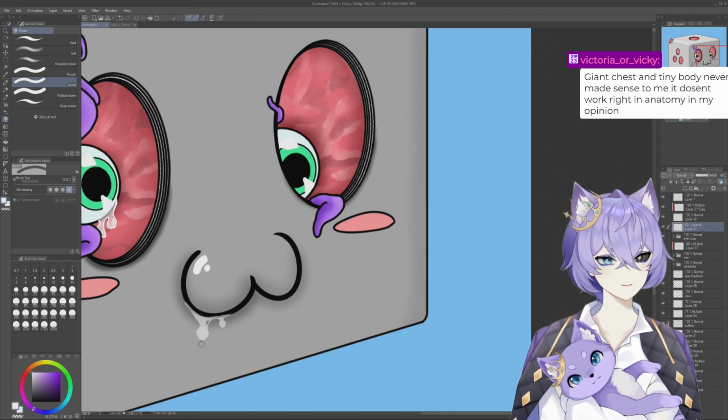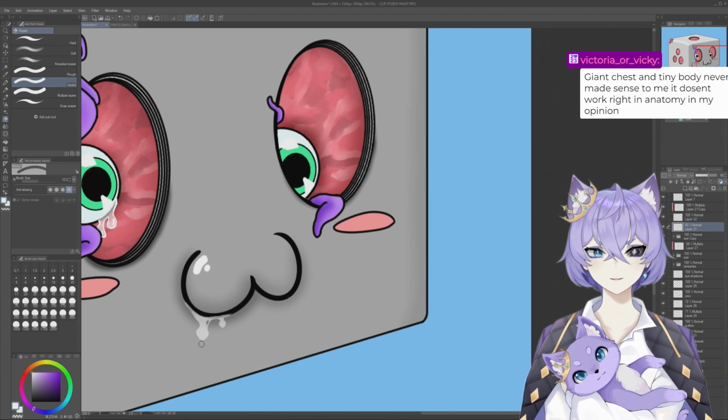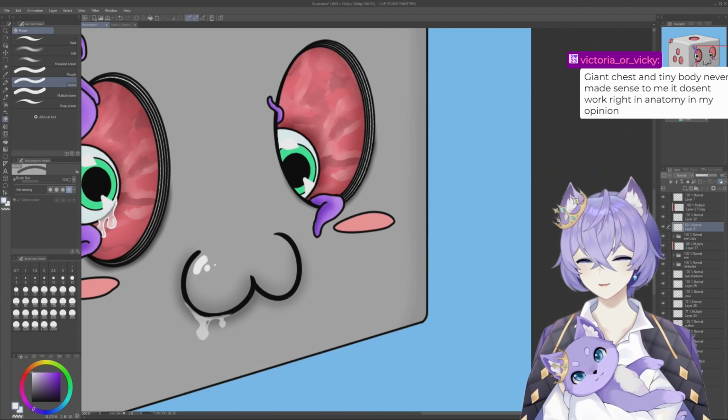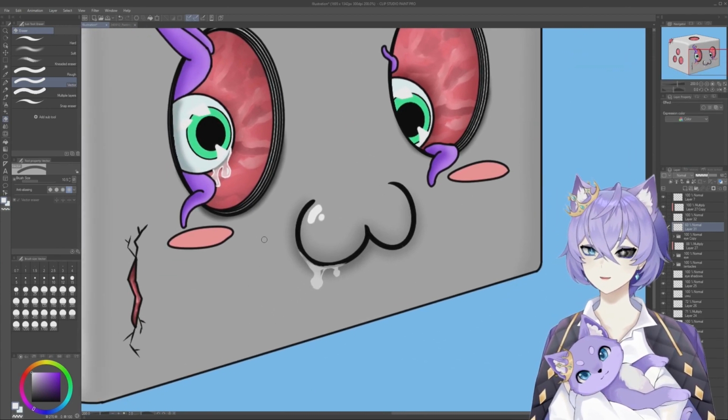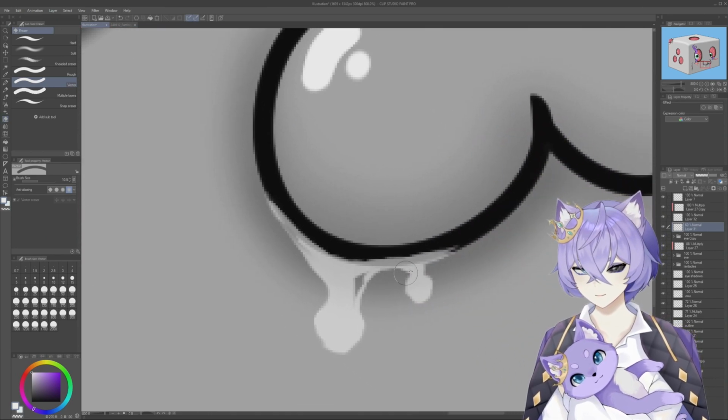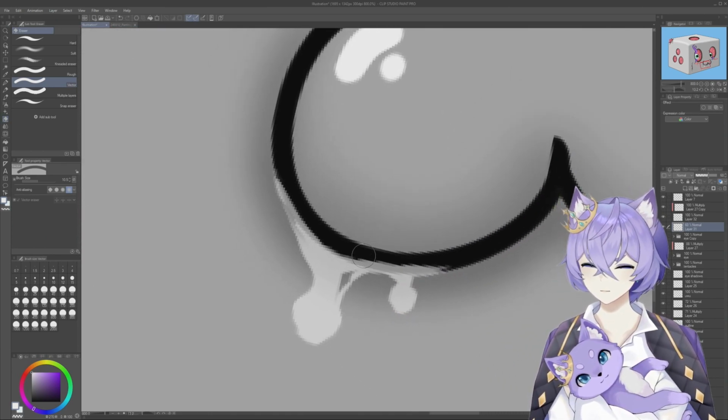Oh, I think I reached the end of my playlist. Giant chest and tiny body never made sense to me. It doesn't work right in anatomy. True, it's not correct anatomically, but do you... What?